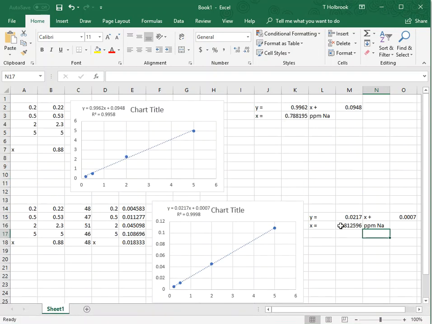Notice how these two numbers are different. 0.788 and 0.812. They're close, right? They are close. But out of these two versions, the internal standard graph gave me a better linear relationship. Therefore, the internal standard graph is going to be the most preferred graph out of the two.